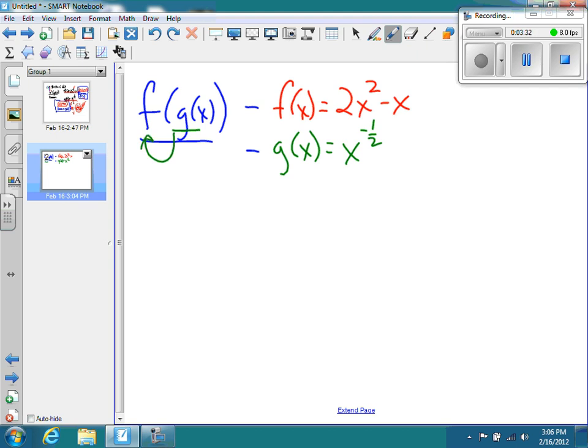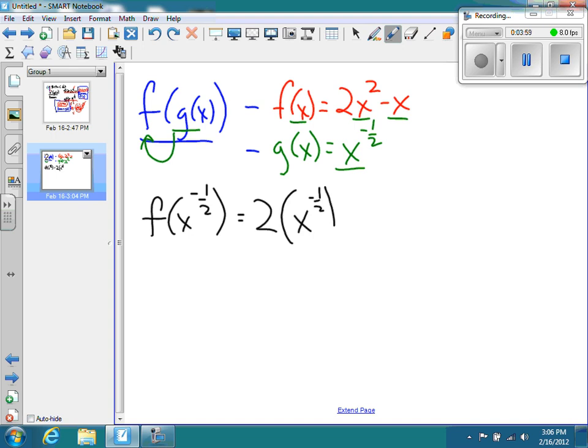So every place that I have an x in my f of x, I want to replace that with my function g of x. So I'm going to go f of x to the minus 1/2 is equal to 2 times x to the minus 1/2 squared.